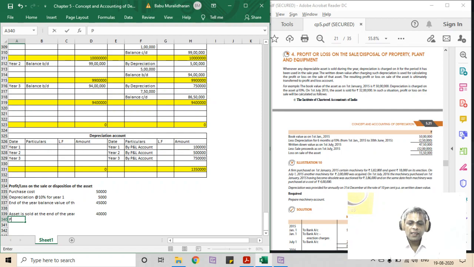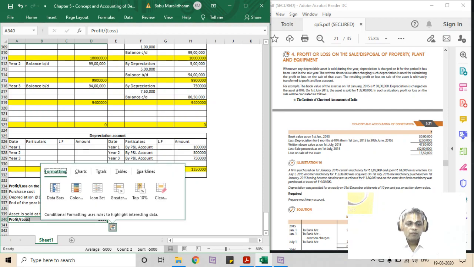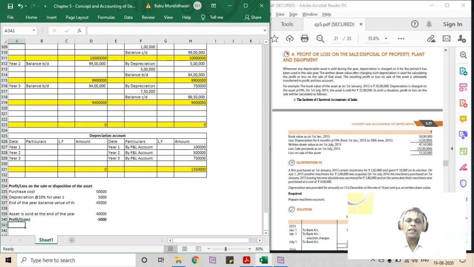Then the asset value as per the books is 45,000. We are selling it at 40,000, so it is a loss on sale of asset, because the book value is 45,000 and we are selling it for 40,000. This should be taken as loss on sale.